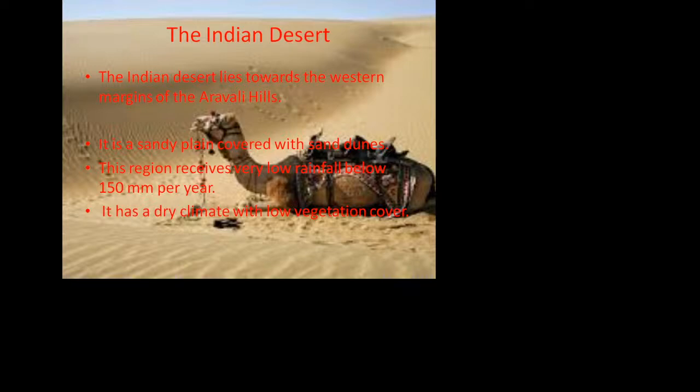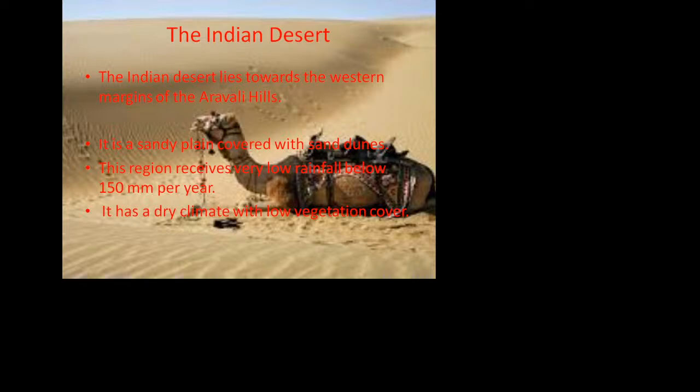It lies mostly in the state of Rajasthan and extends into the southern portion of Gujarat, Haryana, and Punjab. This arid area is one of the most inhospitable areas of the Indo-Pacific region.